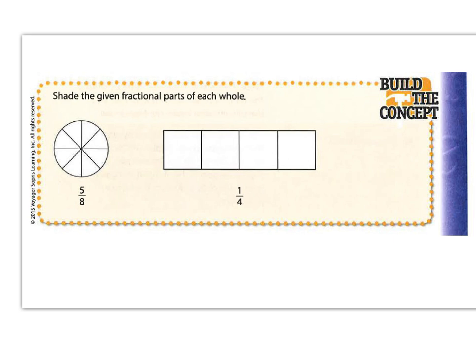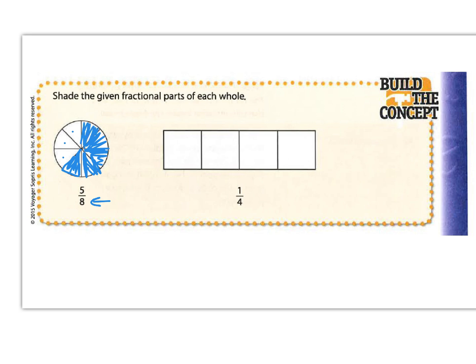All right, this says shade the given fractional parts of each whole, 5/8. So again, let's just double check. We have 1, 2, 3, 4, 5, 6, 7, 8. That is the number on the bottom, the denominator. The numerator is 5. How many are shaded in? 5. So let's shade in 1, 2, 3, 4, and 5.